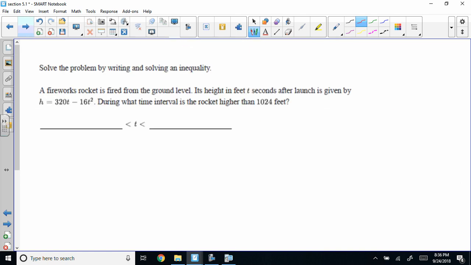All right. Solve the problem by writing and solving an inequality. A rocket's fired from the ground level. Its height in feet t seconds after launch is given by 320t minus 16t squared. During what time interval is the rocket higher than 1024?